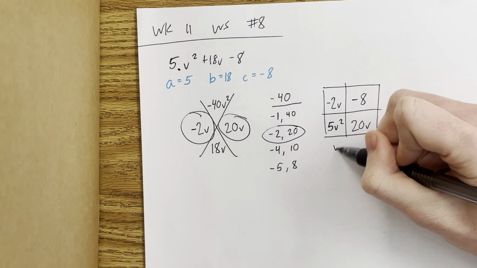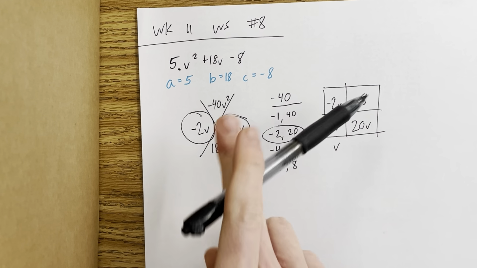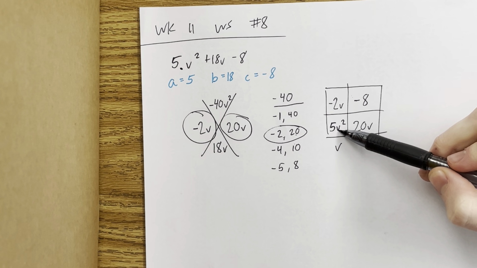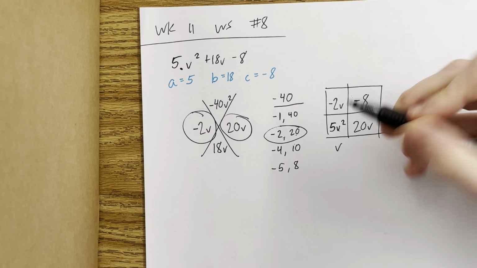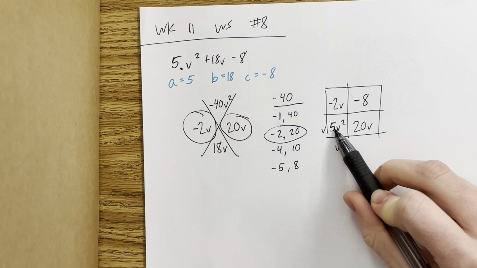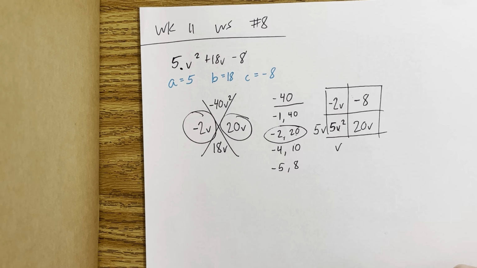That would just be v. V goes into both of them, but nothing else. Then what about this row right here? Let's see, 5v squared and 20v. Well, I know they each have a v, and then also 5 goes into 5, and 5 goes into 20. So 5v goes into both of those.